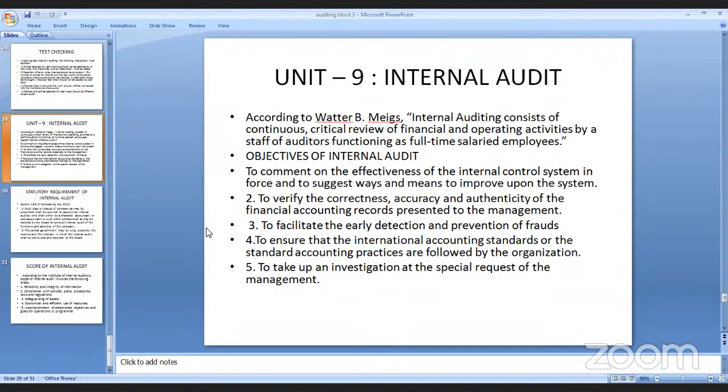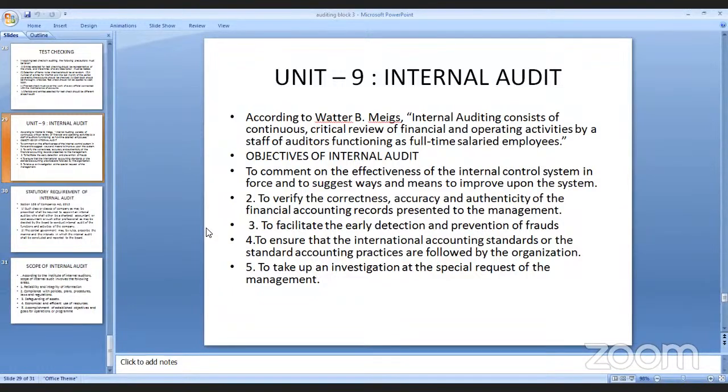So internal audit focuses on the continuous and critical verification of financial and operating activities. The main objective of the internal control system is to give suggestions to improve the system.